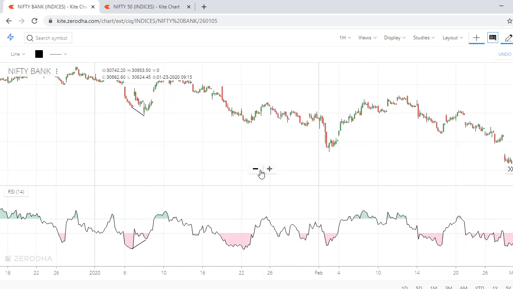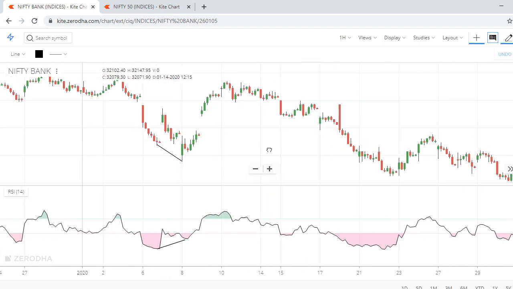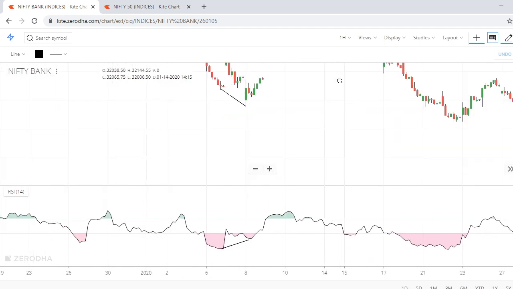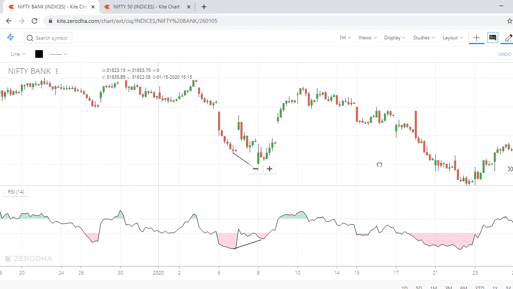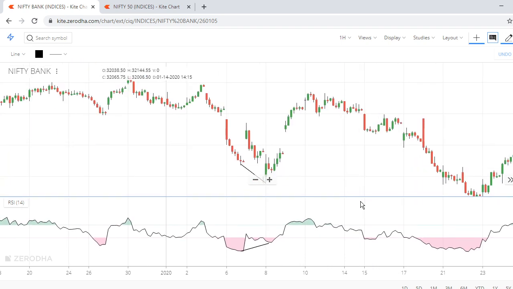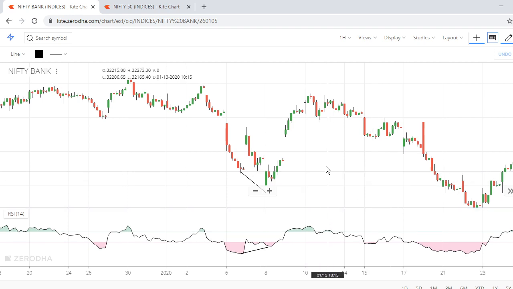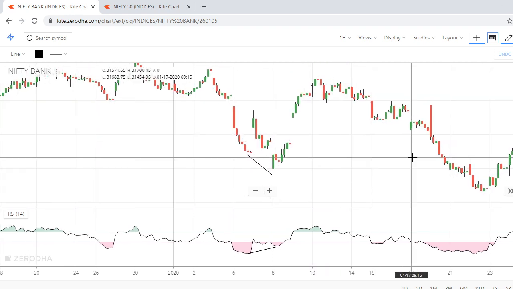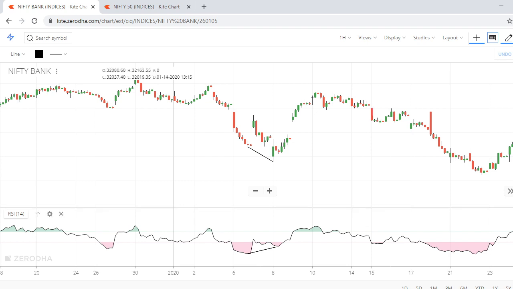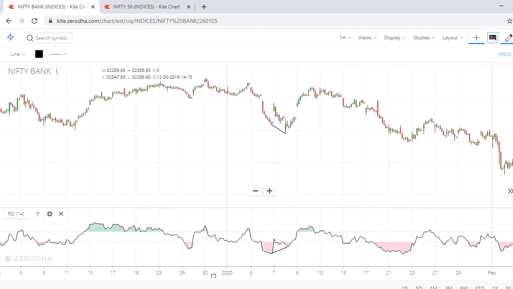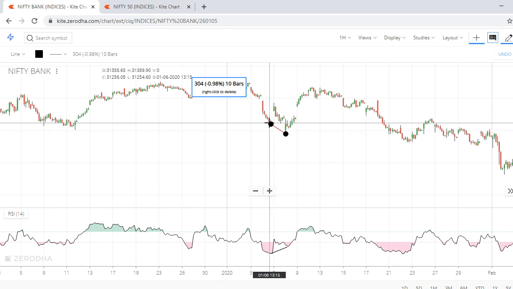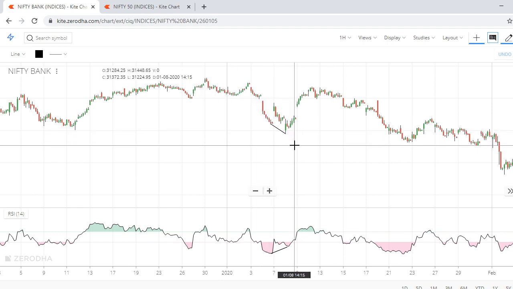Yeah. See, if you look at this, the price is coming down. I hope you can see it in a better way now. Perfect. Now here, when compared to the previous swing low, this swing low is a bit deeper.